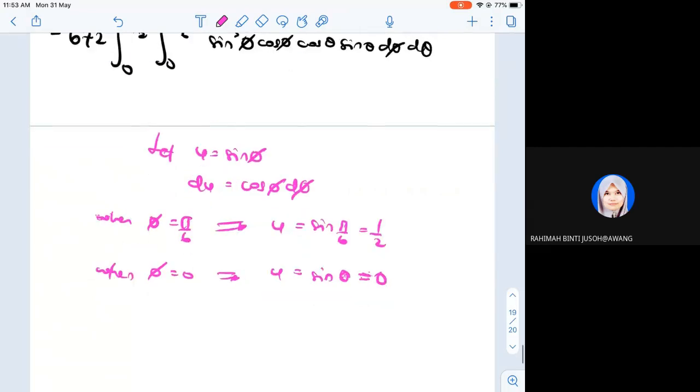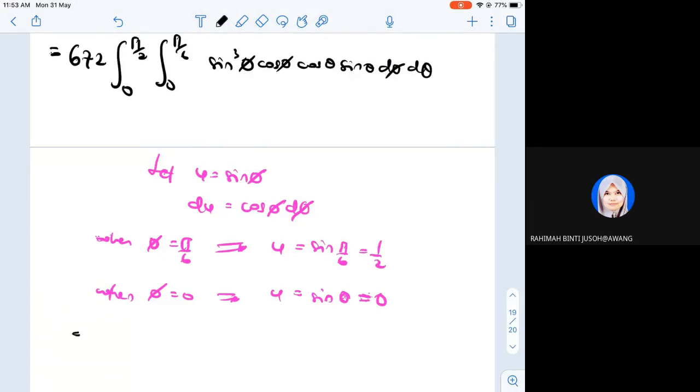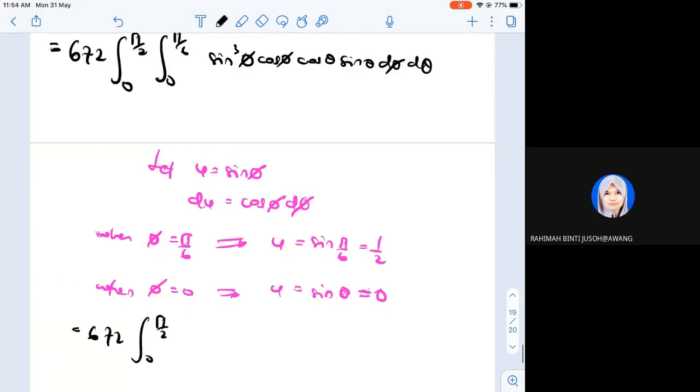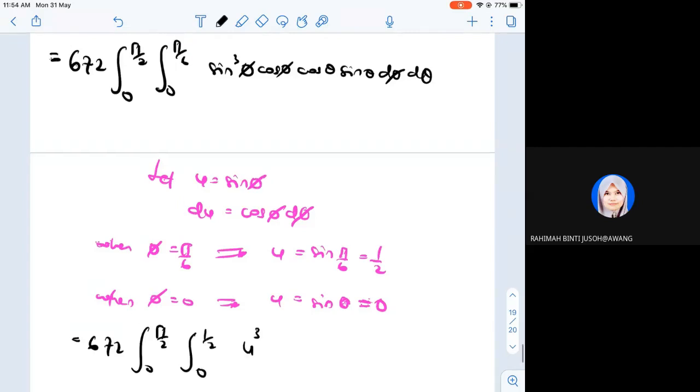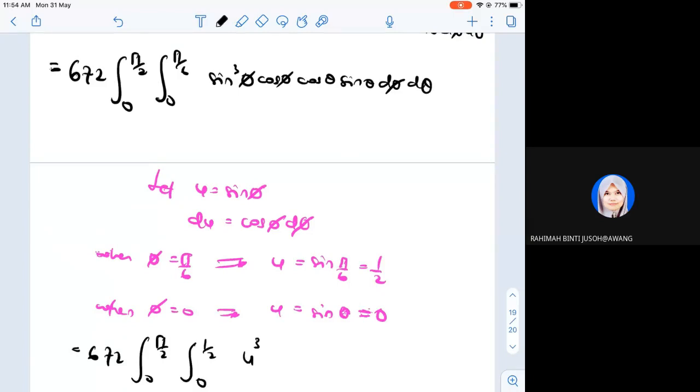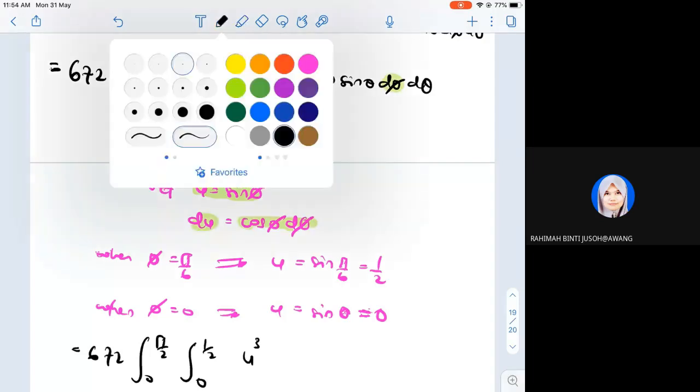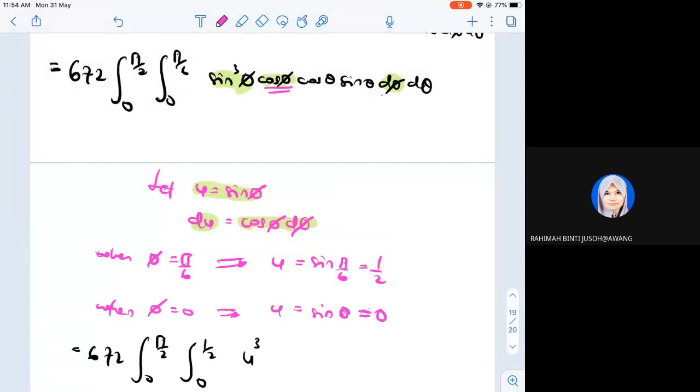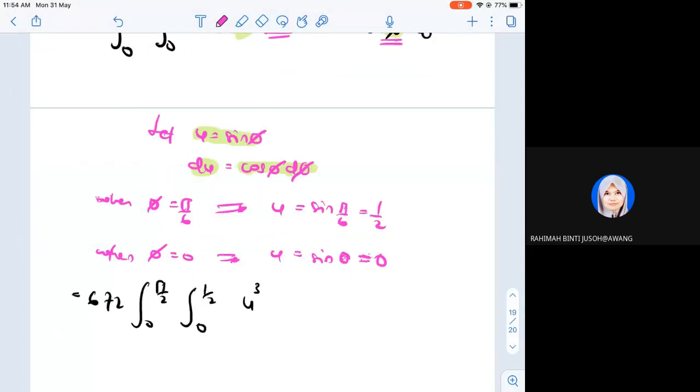Okay, so now we will have 672, 0 to pi over 2, and then integration 0 until 1 over 2 of u cube. U cube because we replace sin with u. So cos phi d phi becomes du.